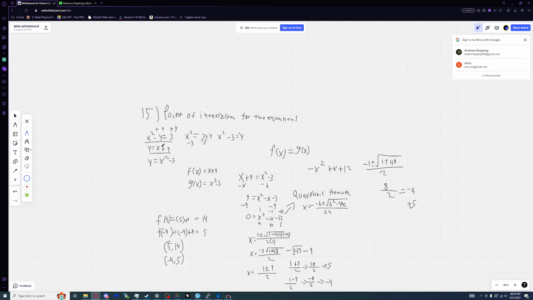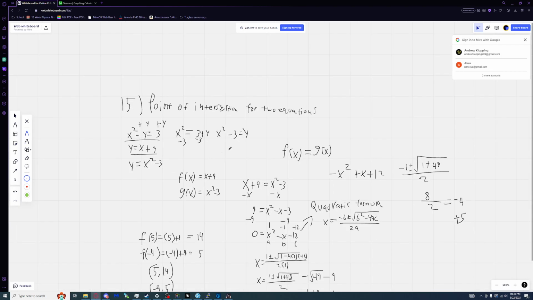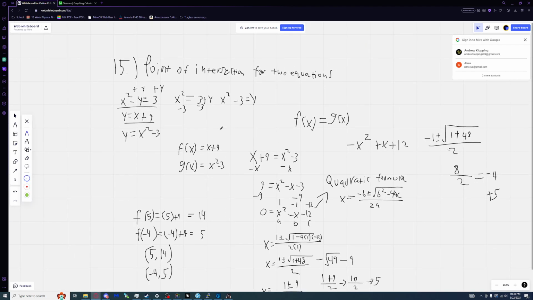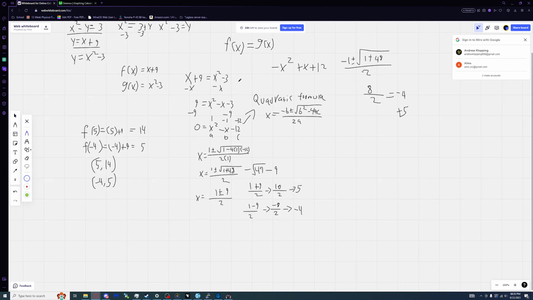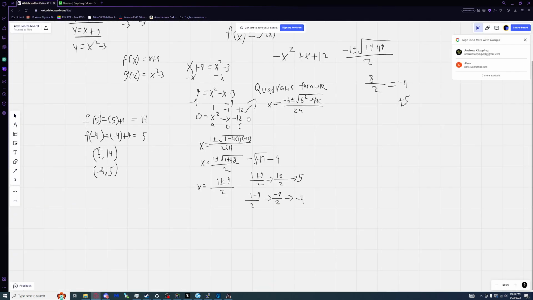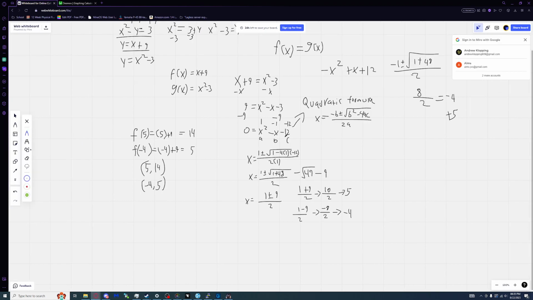We've got y is equal to x plus 9, and y is equal to x squared minus 3. I don't see anything wrong there. x squared minus 3. So why, when I have two graphs, am I getting a different answer from the math?